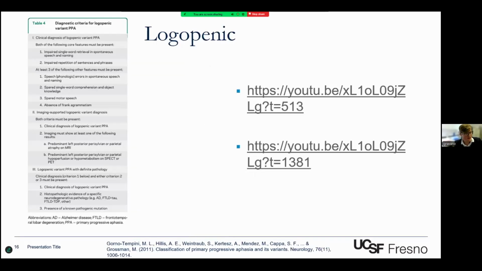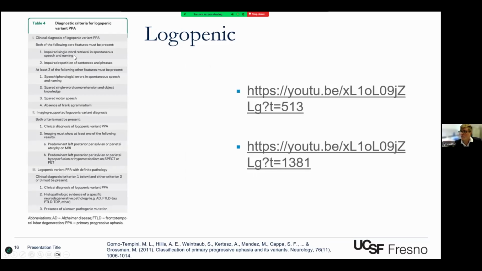Okay. Logopenic variant, the last of the three described variants of this particular literature, is a primary deficit in word retrieval, coming up with words for their meaning and getting them out. And there's impaired repetition of sentences and phrases.